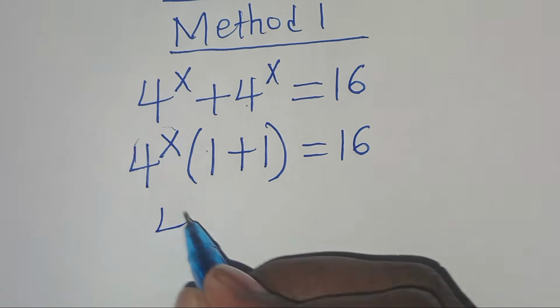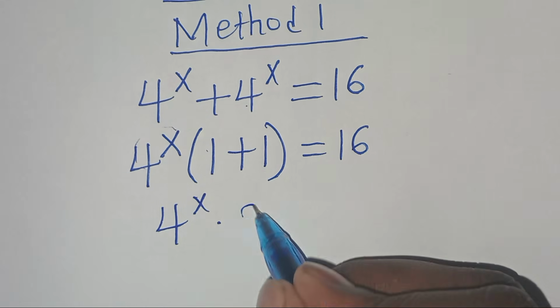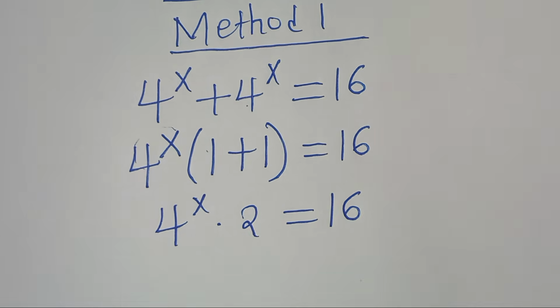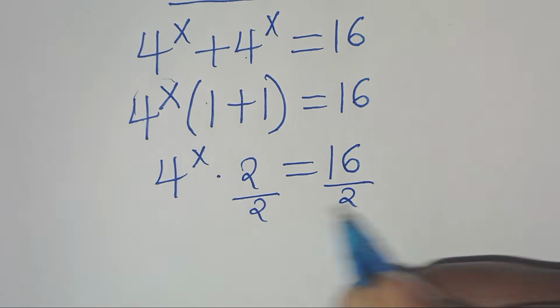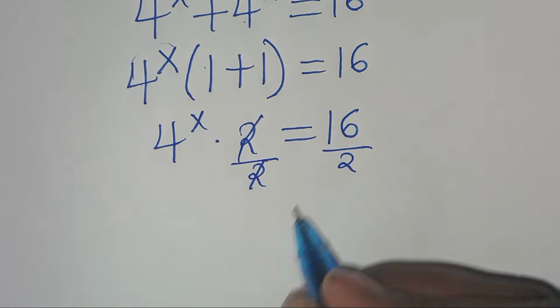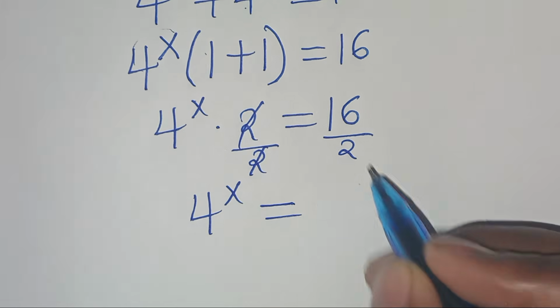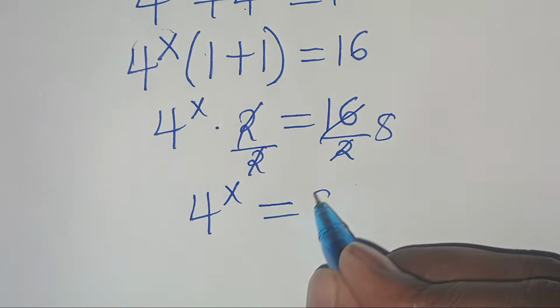So this is 4 to the power of x times 1 plus 1, which is 2, equal to 16. So we can divide both sides by 2, so that now we have 4 to the power of x equal to 16 divided by 2, which is 8. So we have 8 here.